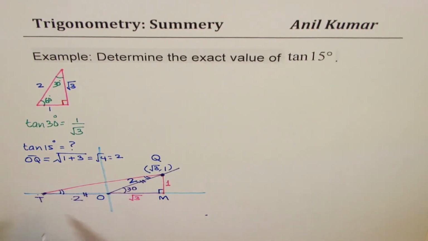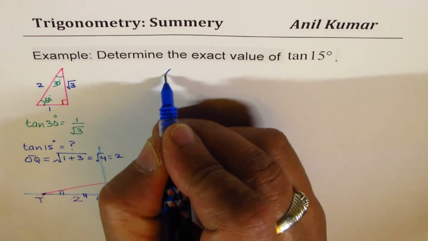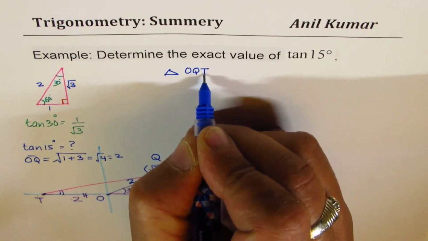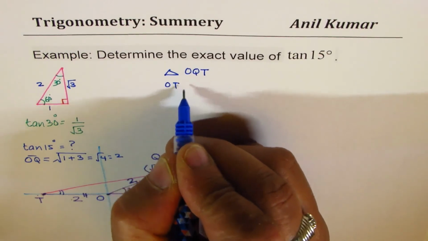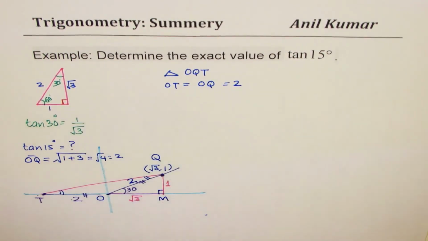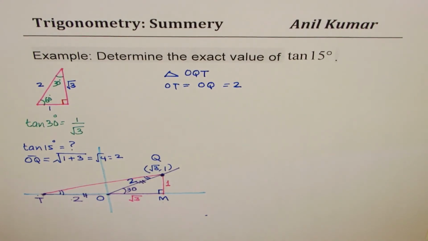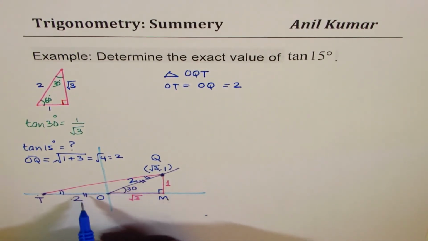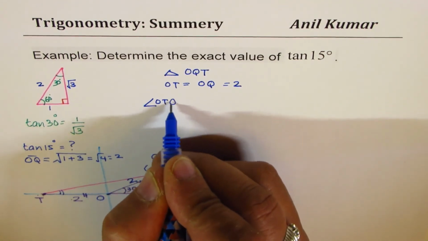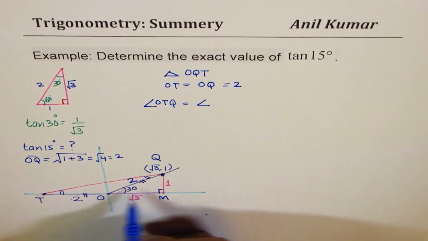Correct? So in the triangle OQT, OT is equal to OQ, and both are equal to 2 units. That means that the angle OTQ should be equal to the angle OQT.